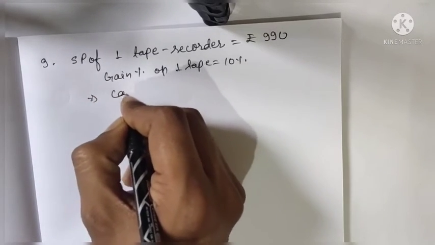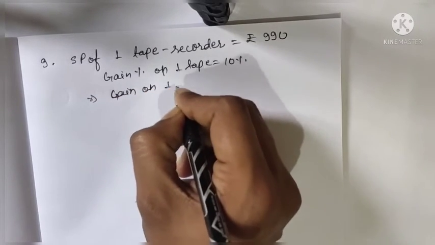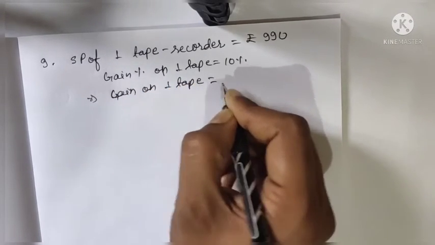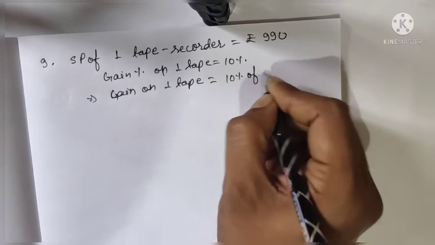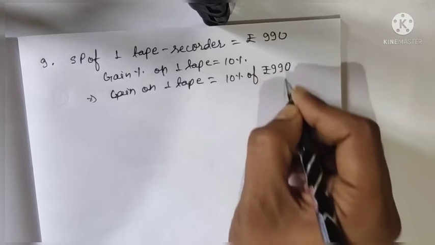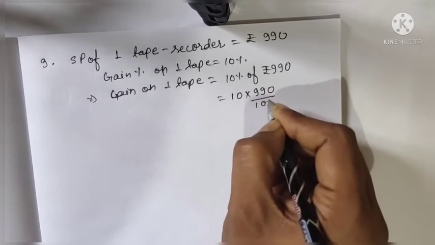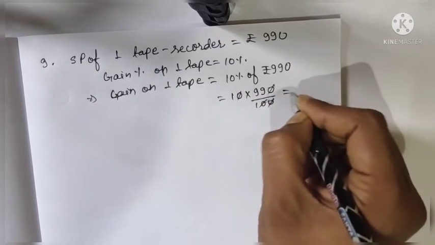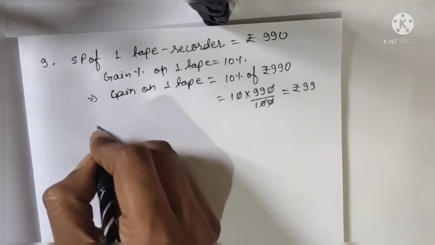That implies gain on one tape recorder is equal to 10% of rupees 990, which is equal to 10 into 990 by 100. This means rupees 99, right?